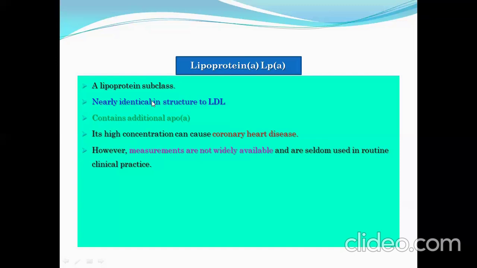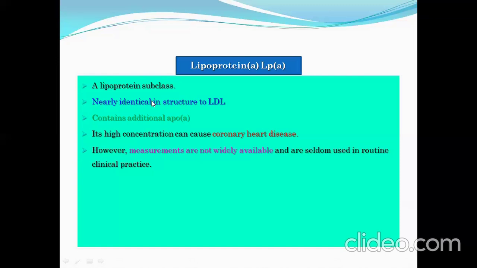That's why elevated levels of lipoprotein A are associated with an increased risk of heart disease and stroke. Why? Because of its potential to contribute to plaque buildup, blood clot formation, and inflammation in the artery.